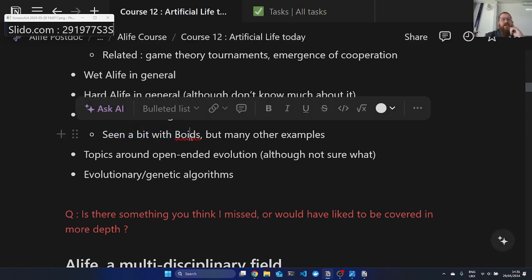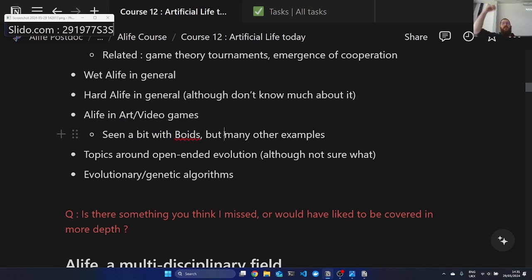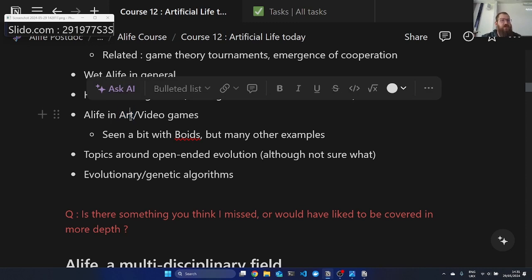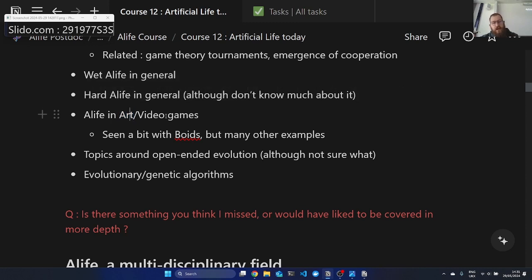We've seen a bit of this with Boids. I said that the Boid simulations were used a lot in, I don't know, Disney movies, Pixar movies, to simulate flocks of birds or fish. But you have people really using this emergence of complexity to create things that are beautiful to look at. So the goal is very different.